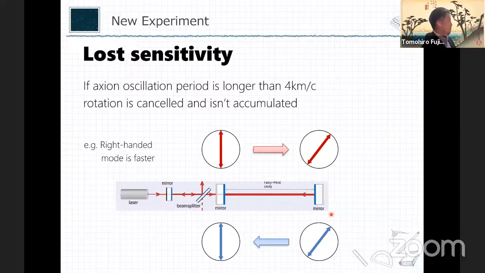Still, the right-handed polarization is faster, so the polarization plane rotates clockwise, and goes back to the original position. So the effect is cancelled. This is quite unfortunate, but it's true, if the right-handed mode is always faster during the round trip of one photon.